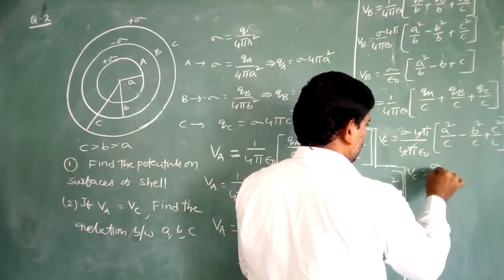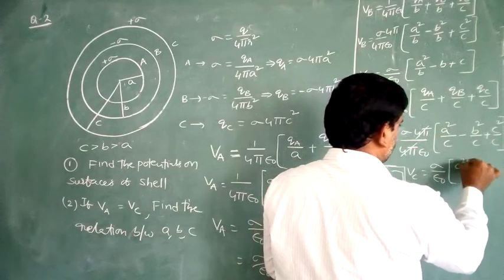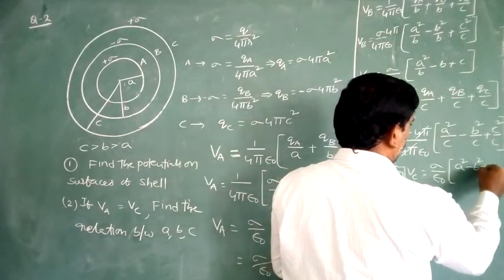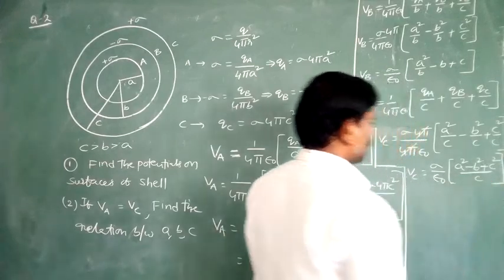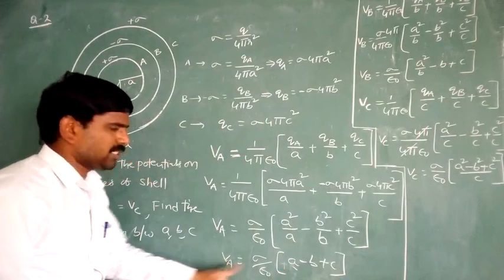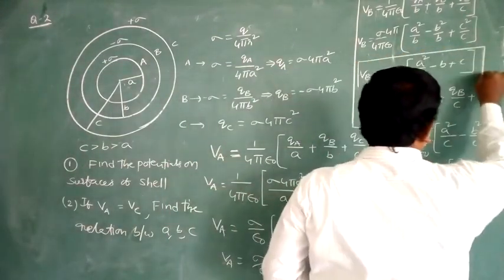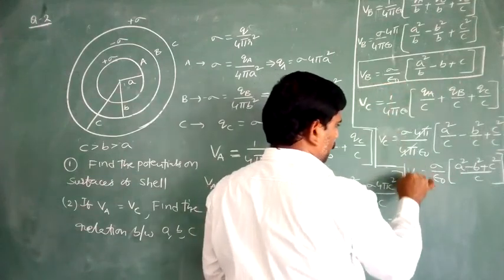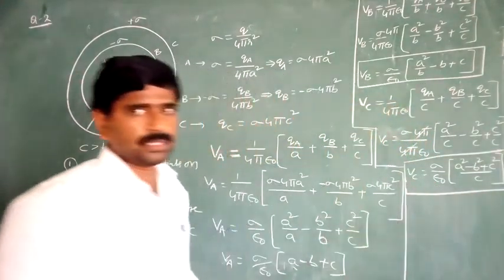Therefore Vc is equal to sigma by epsilon naught into A square minus B square plus C square, whole by C. So this is the potential on the surface of the first shell, this is the potential on the surface of the second shell, and third one Vc is the potential on the surface of the third shell.